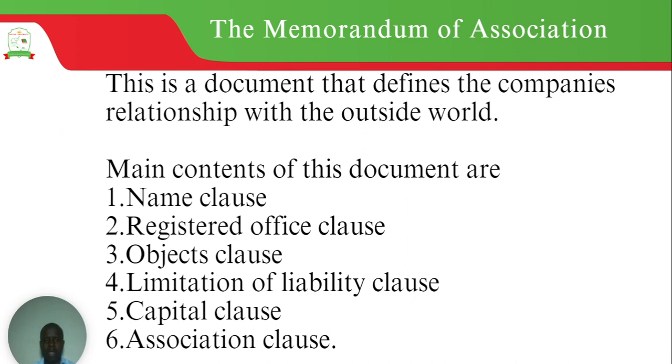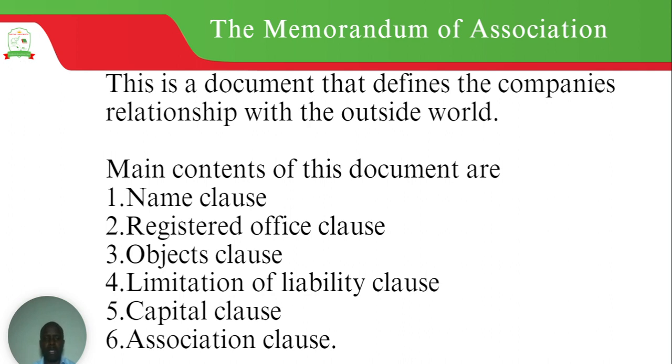And then we have the limitation of liability clause. It will state whether it is limited or unlimited. That's very important to clarify there. And the capital clause. The main purpose of the capital clause, of course, is to detail the maximum capital a company can raise.